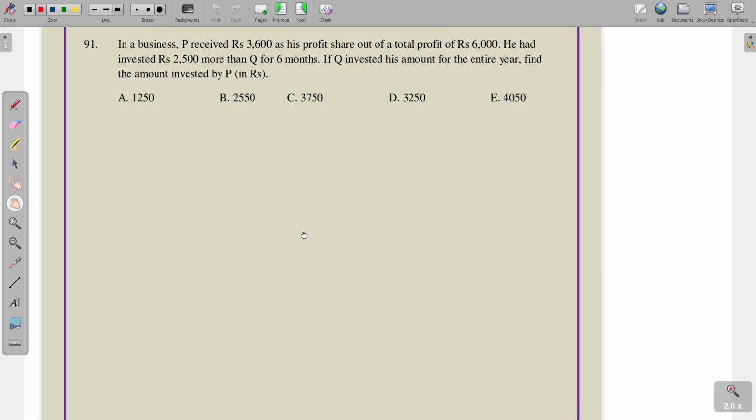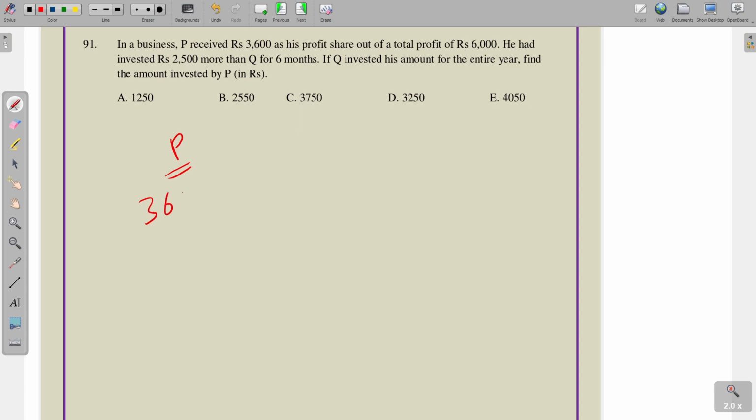Next one. In a business, P invested some amount and received 3,600 as profit share out of total profit of 6,000, so the remaining profit is 2,400 for Q. These are the shares of profits, the ratio is 3 to 2.